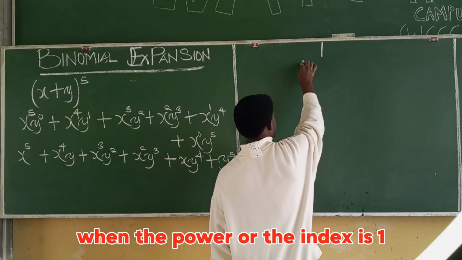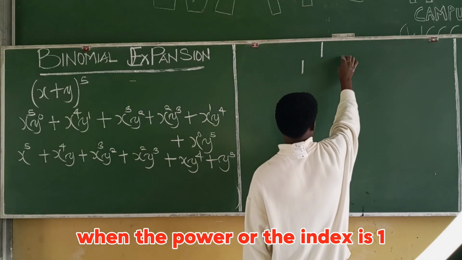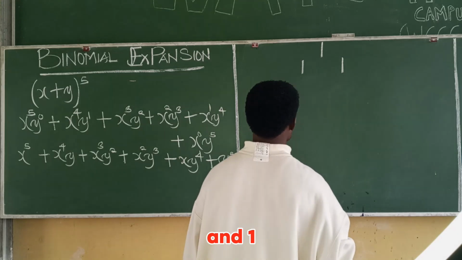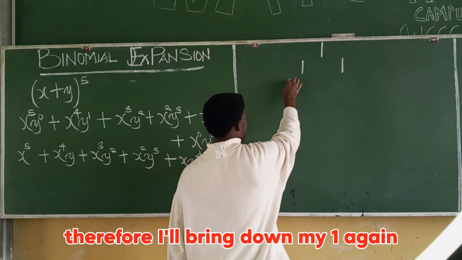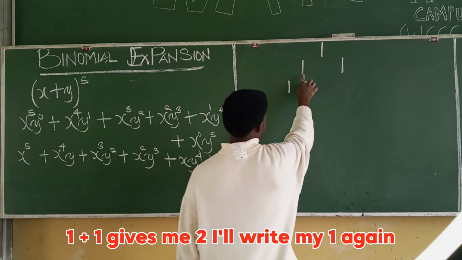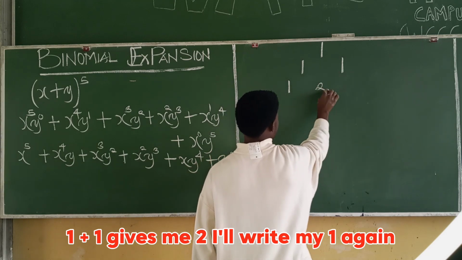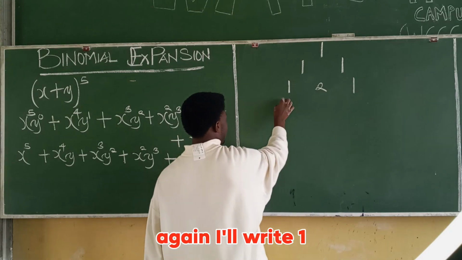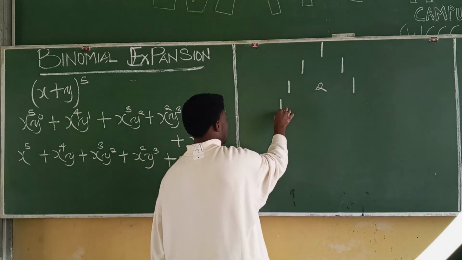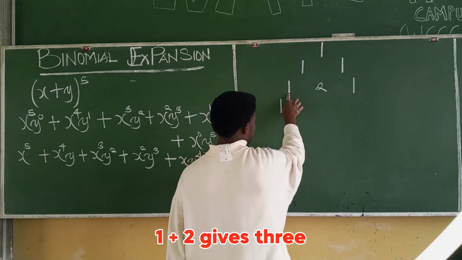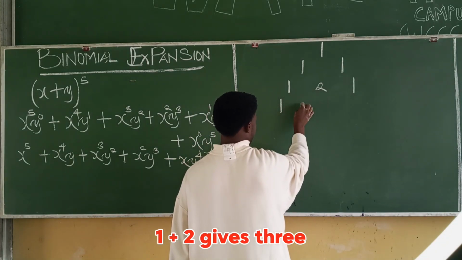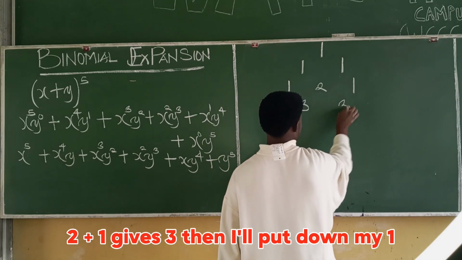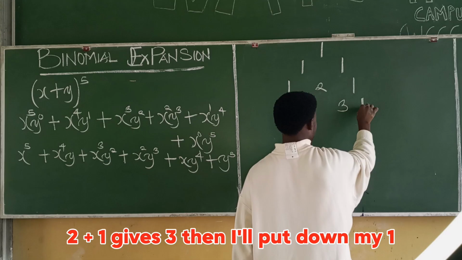When the power or the index is 1, the coefficients are 1 and 1. Therefore, I'll bring down my 1 again. 1 plus 1 gives me 2. I'll write my 1 again. Again, I'll write 1. 1 plus 2 gives 3. 2 plus 1 gives 3. Then I'll put down my 1.